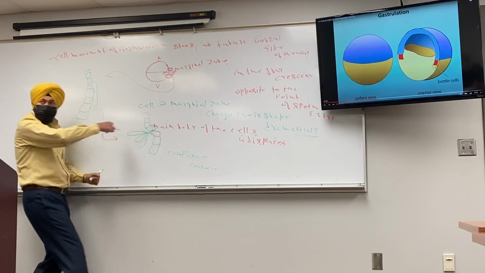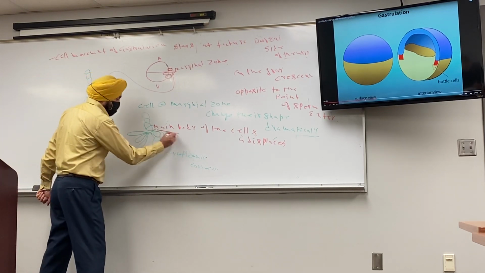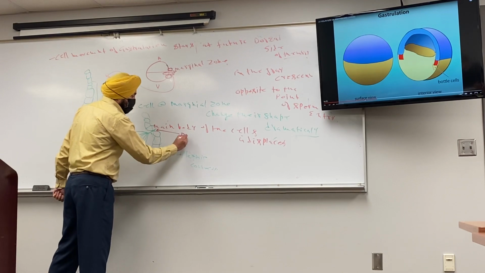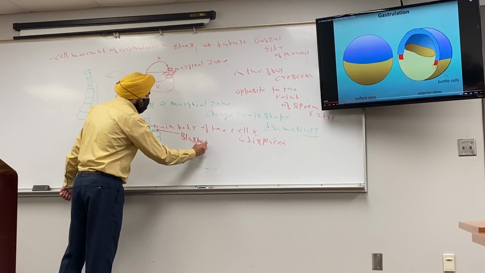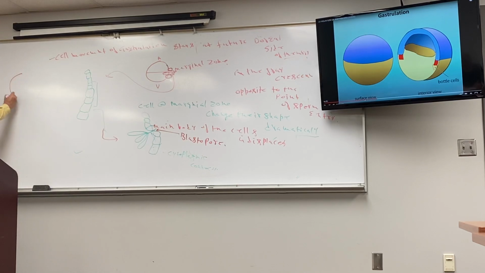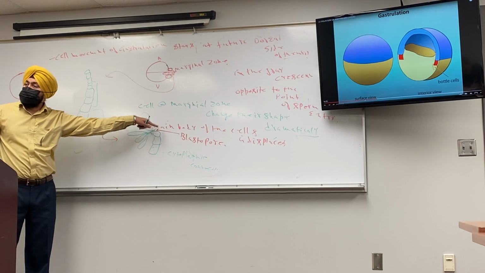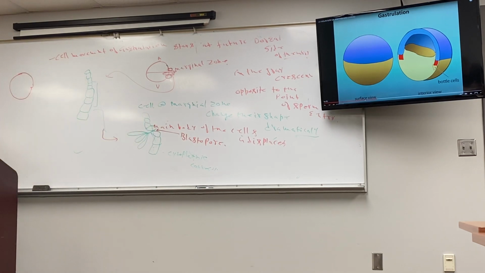You can see a constriction is formed here. That constriction is called the blastopore. If this is the blastula right here, now this blastula has formed a pore-like structure, right? So this is called the blastopore.